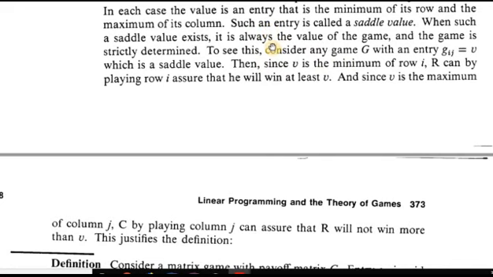This is the one that really balances the benefit between both the row player and the column player.